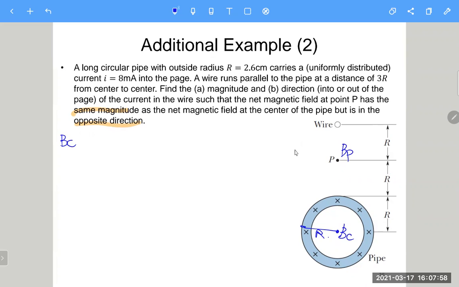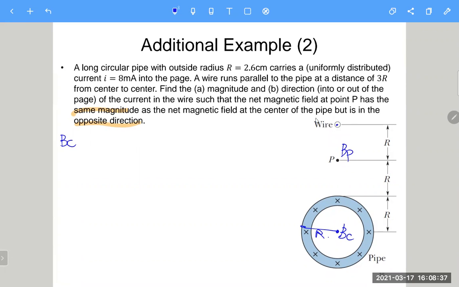First we consider BC. Maybe we can assume the current direction in the wire is out of the page. Actually, you can assume it is into the page, then the polarity of each term may be different. So now we consider the current in the wire is out of the page.